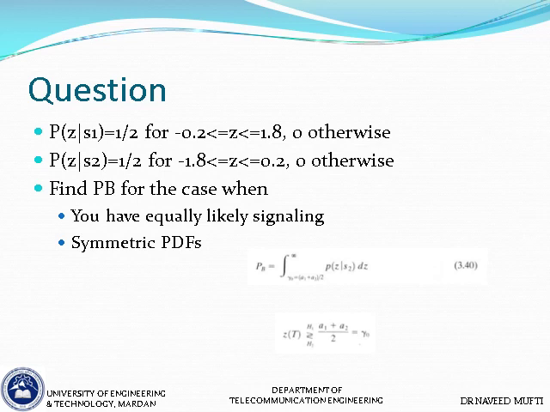It is defined within this range, and within this range the value is 1 by 2 once again. If I try to plot it, show it graphically, this is what it looks like. So this one here is the likelihood of S2, or the conditional PDF, the probability of Z given S2.